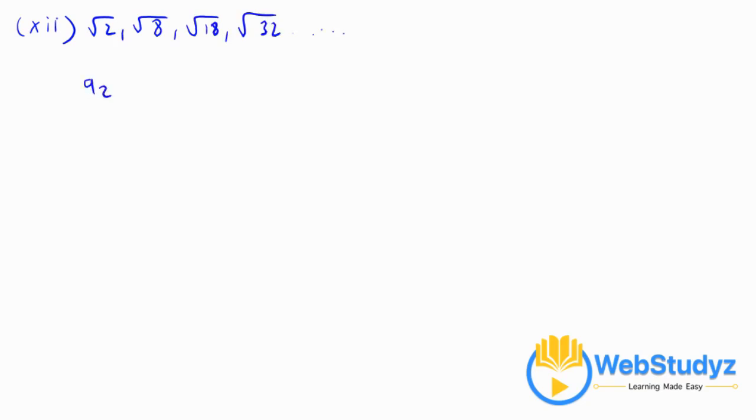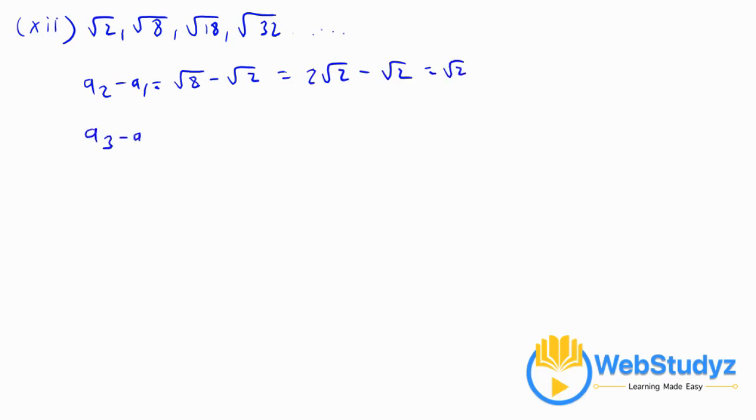Checking the common difference, a2 minus a1, which is √8 minus √2. We can write √8 as 2√2 minus √2. So this will give us the value √2.